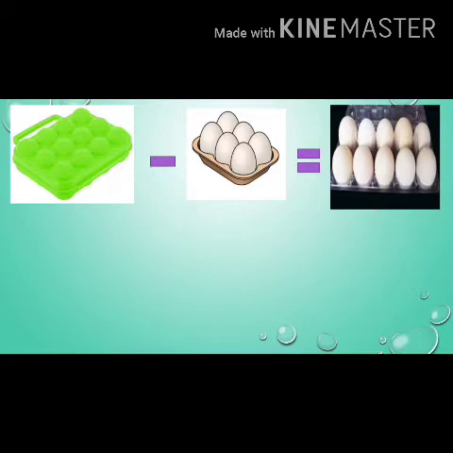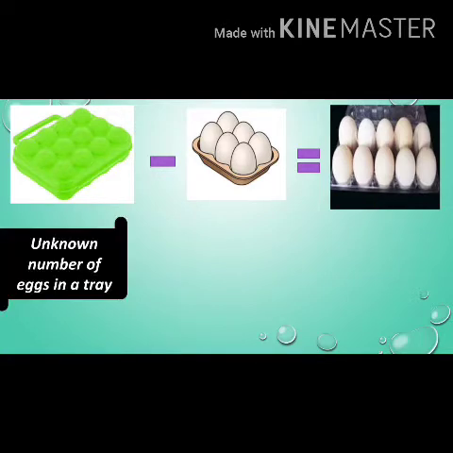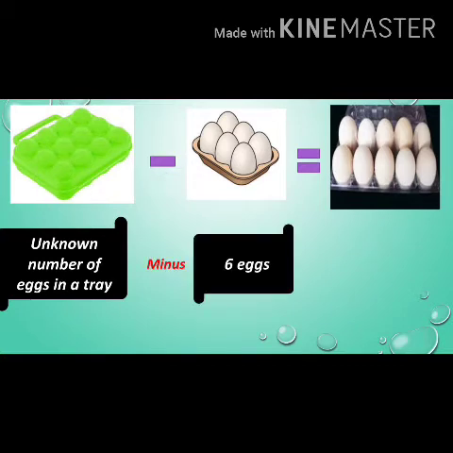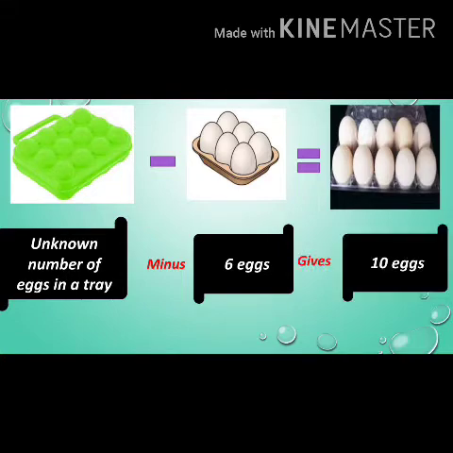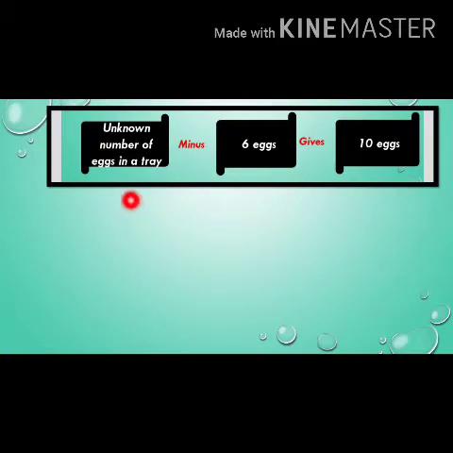According to the given statement, we write the verbal statement as: unknown number of eggs in a tray, minus 6 eggs, gives 10 eggs.